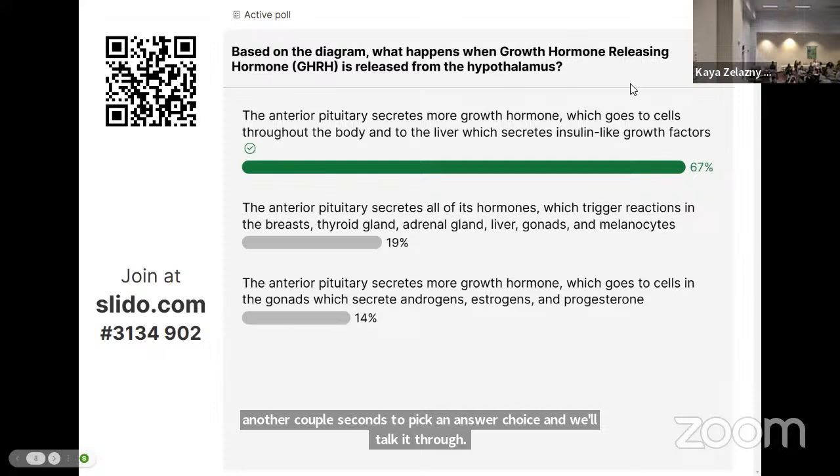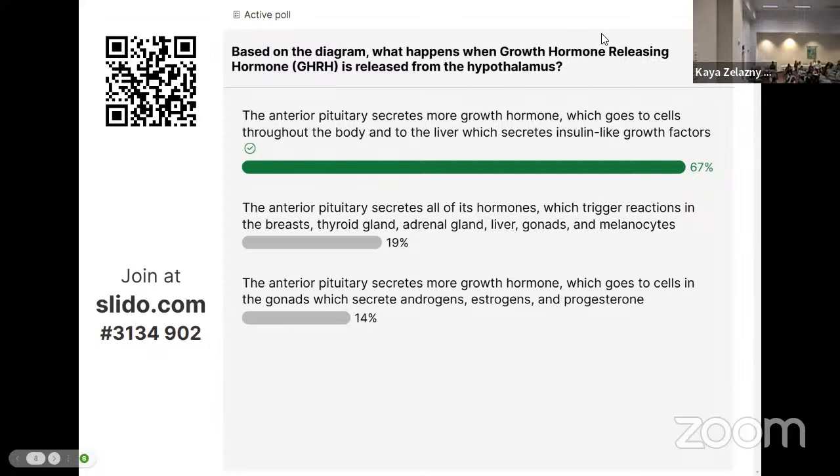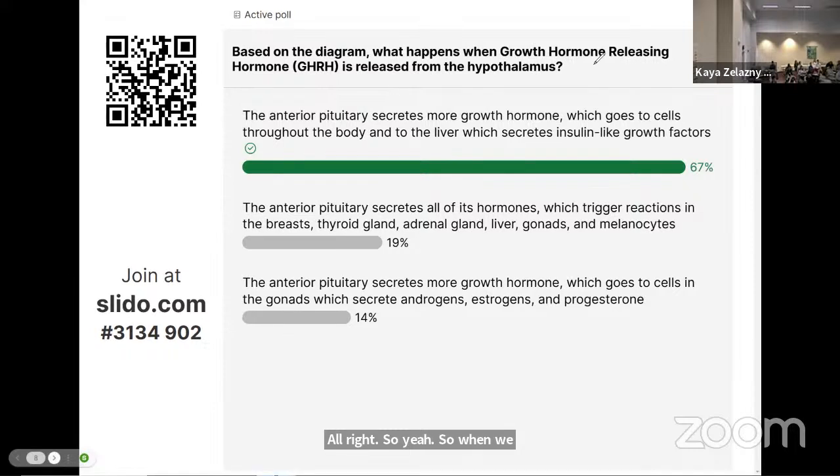All right. So when we release our growth hormone releasing hormone, the GHRH, that's our hypothalamic tropic hormone, it's then going to, first things first, send its hormone to the anterior pituitary.